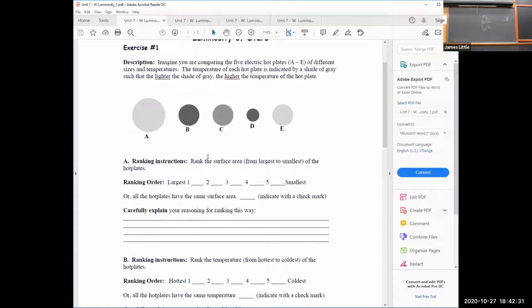And now I'm going to do it for you. As far as size, that's pretty easy. D is the smallest, C, B, and E look tied, and A is the largest. So A, then B equals C equals E, then D would be largest to smallest.